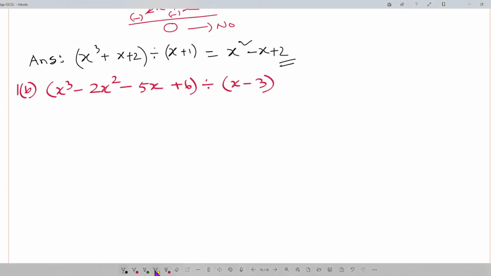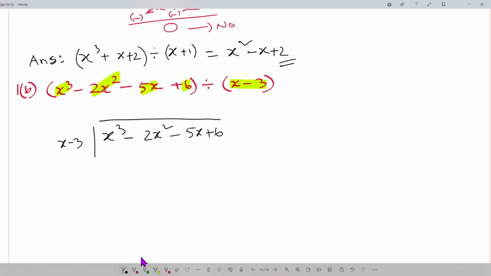Number B, x cube minus 2x square minus 5x plus 6, we will divide by x minus 3, and here the upper portion is the quotient.